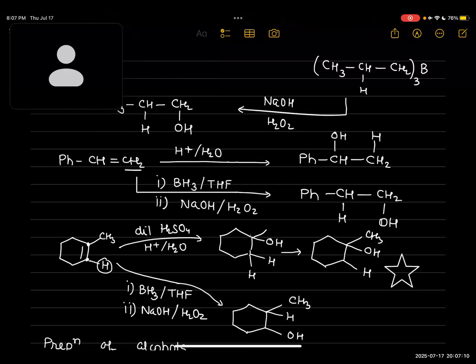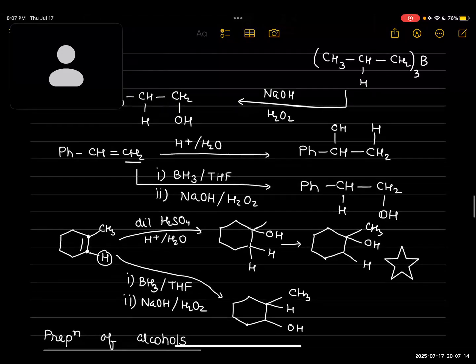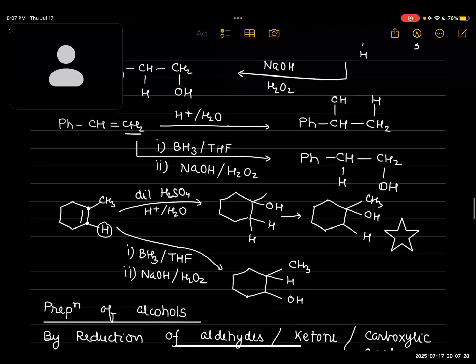Otherwise, what will happen? If you have water, then the magnesium will react with water and it will not be able to react with the RX. And on the other hand, your Grignard reagent will also get spoiled with the water or moisture. Is it clear to everyone?